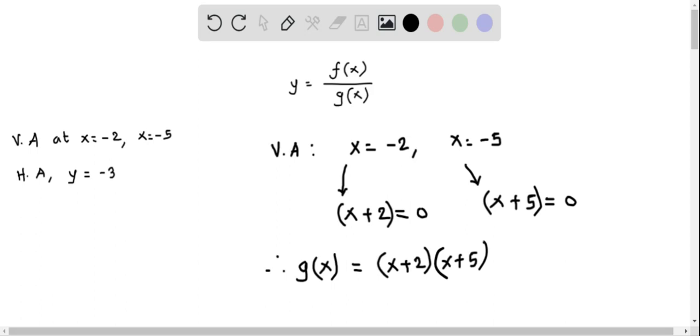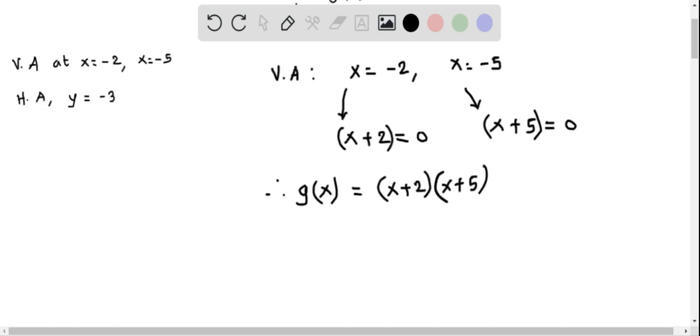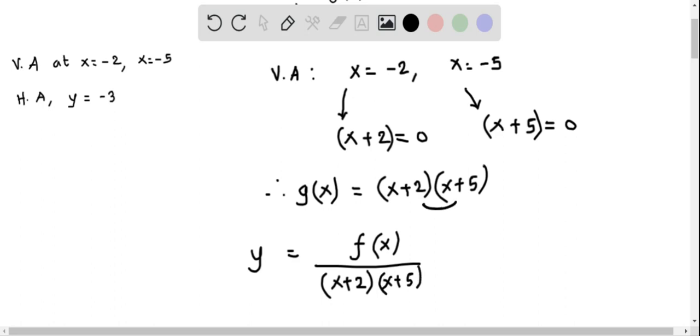So now we can write y as f of x over g of x. So therefore y equals f of x over, and we now replace g of x, that is x plus 2 times x plus 5. In fact, we can FOIL these two and give it in a quadratic form.